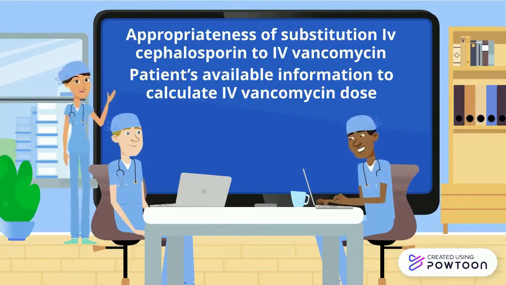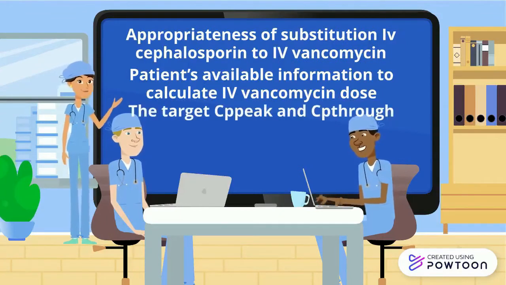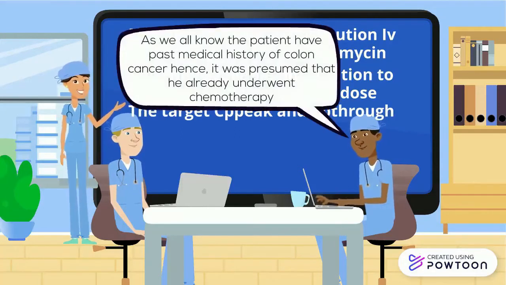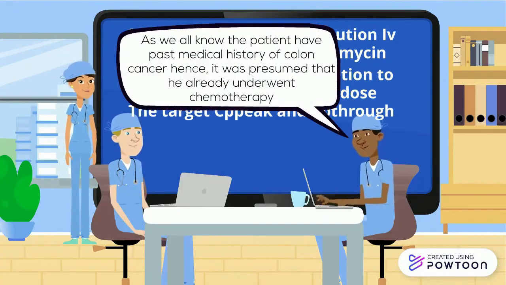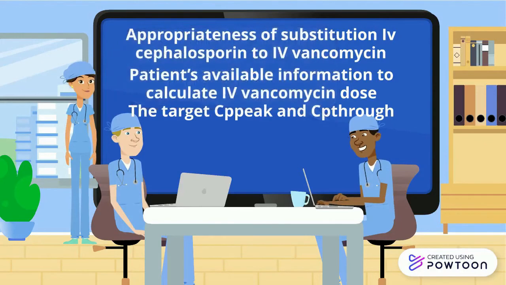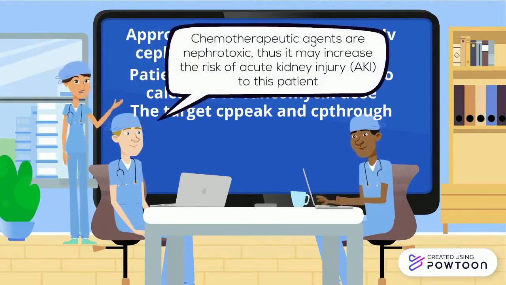The next assessment involves the target CP peak and CP trough. As we all know, the patient has a past medical history of colon cancer. Hence, it was presumed that he already underwent chemotherapy. Generally, chemotherapeutic agents are nephrotoxic, thus they may increase the risk of acute kidney injury in this patient.